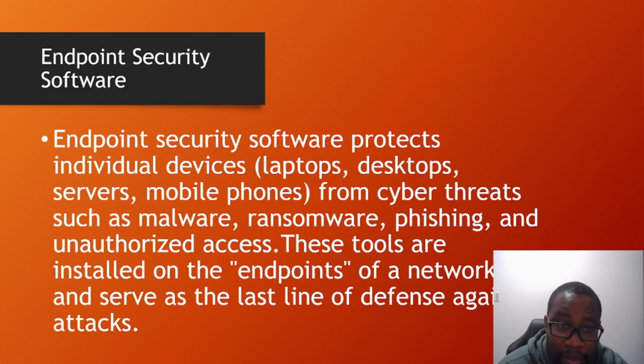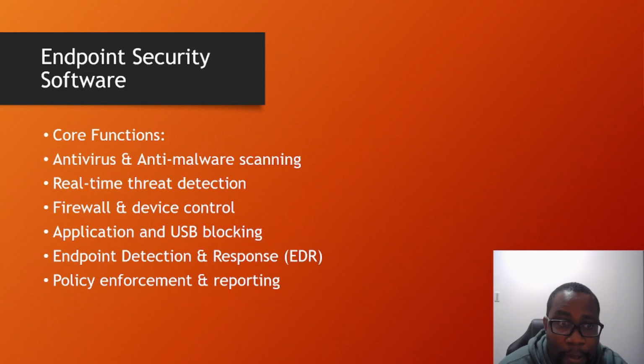And as you can pick up from the definition, these are like your antivirus, maybe a VPN, stuff like that, or maybe a firewall of some sort. So these are pretty much the last thing before it actually hits the endpoints of the network in question, i.e. your mobile phones for corporations, your laptops, your desktops, etc., and other devices.